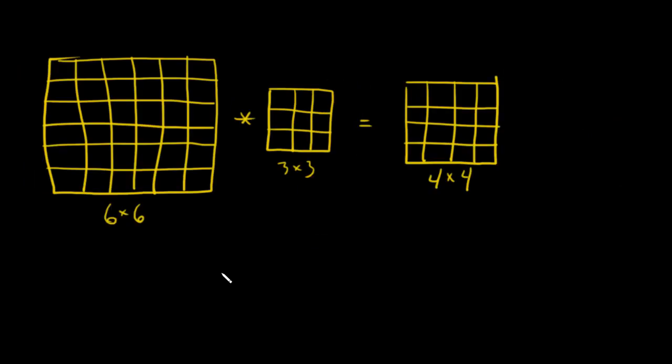Okay, so here we are. We have a new image, a 6 by 6 pixel image. We have a 3 by 3 filter, and that will result in a 4 by 4 matrix.